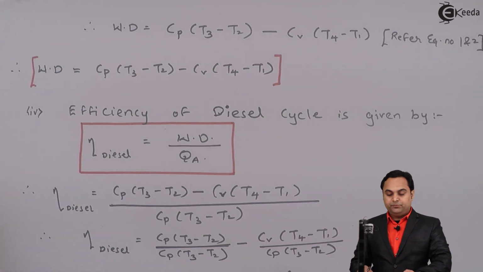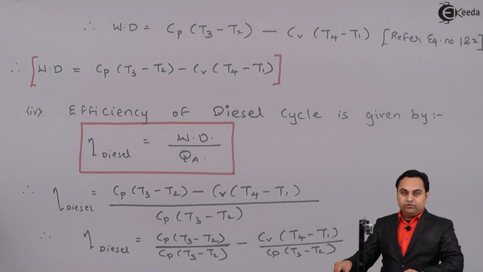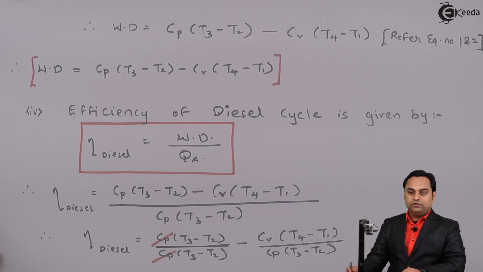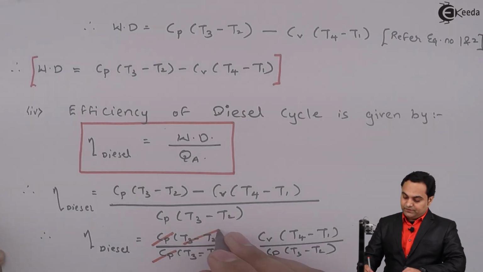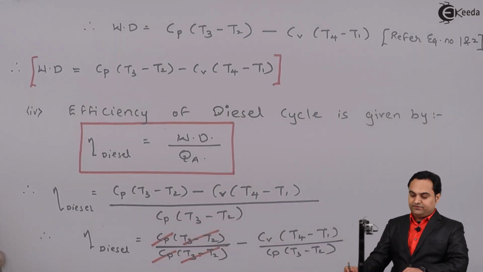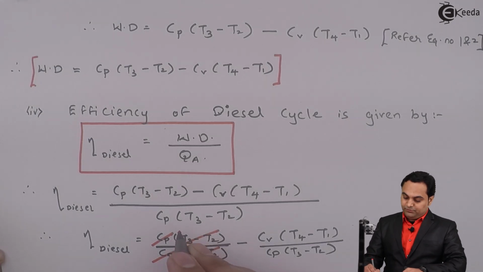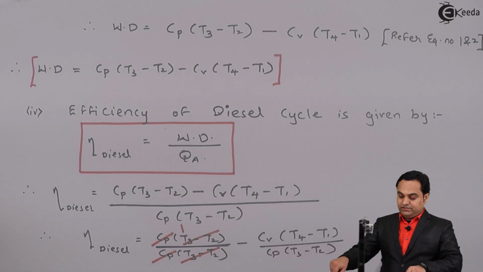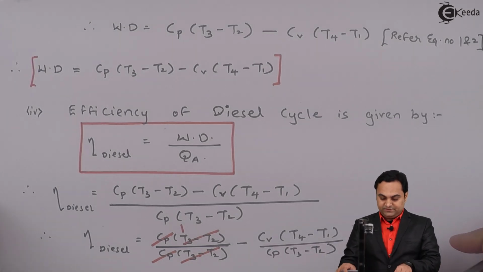I have taken the denominator common through both the terms. Now if we see here, Cp and Cp will get cancelled out, T3 minus T2 and T3 minus T2 will get cancelled out from the numerator and denominator. So 1 remains here.